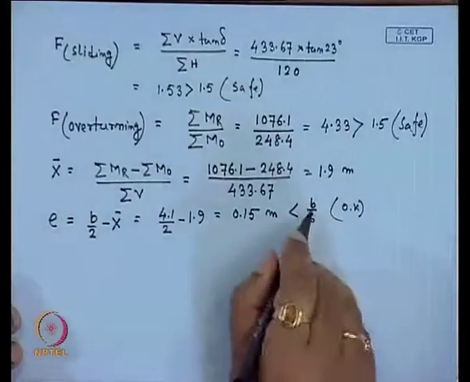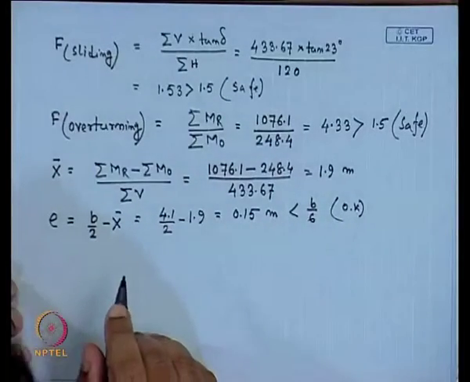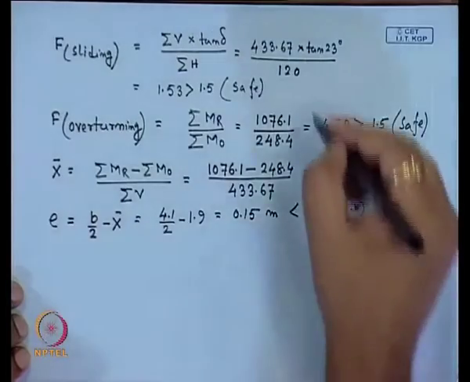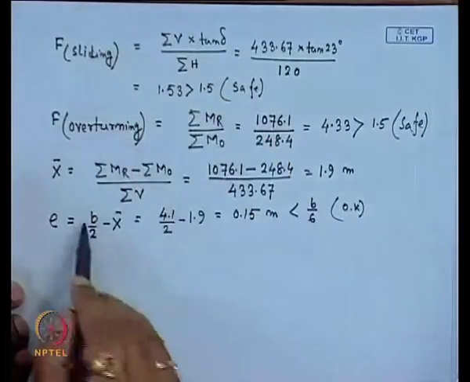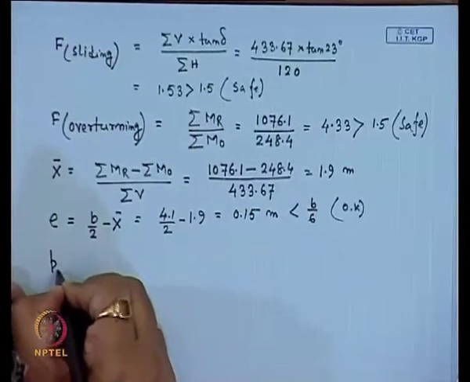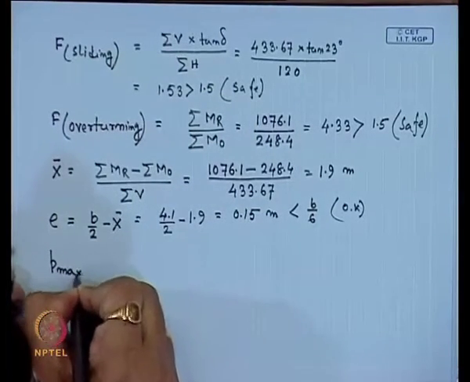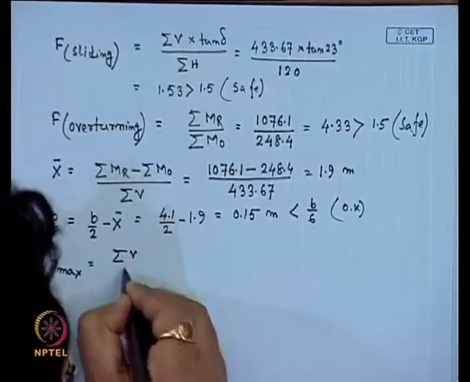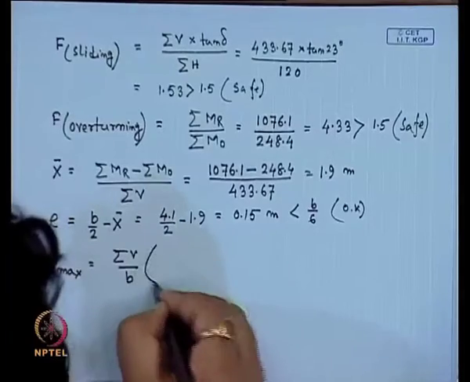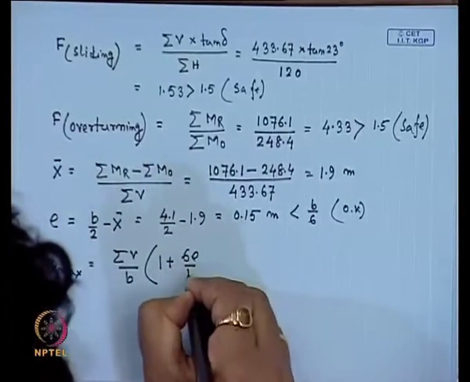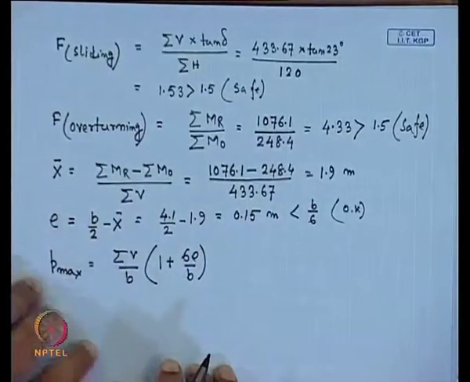So, this is fine. Next, we will calculate the bearing capacity check. We have done the 3 checks, that is the sliding, overturning and the no tension condition. Now, for the bearing, calculate first P max, and that expression is all vertical force divided by base width, 1 plus 6 E divided by total base width.